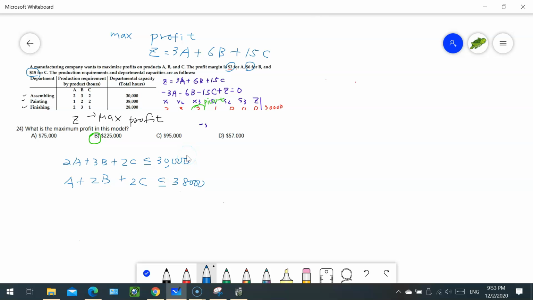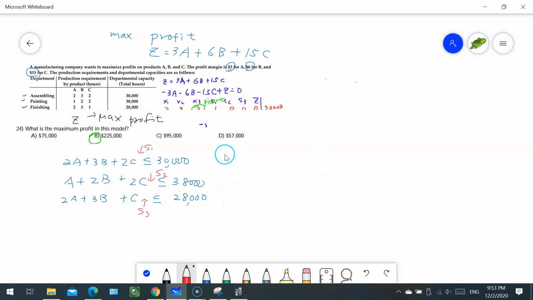And the third one, the finishing department, has 2A plus 3B plus C is less than or equal to 28,000. Now we are going to squeeze in S sub 1 into here, S sub 2 here, and then S sub 3 here.